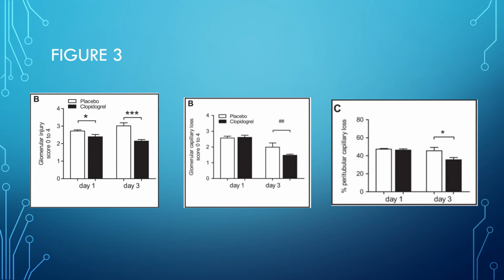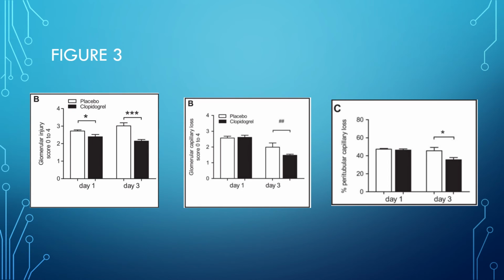Now that they knew that the antibody dependent inhibitors of platelets worked in reducing the percentage of peritubular capillary loss, they wanted to look at whether clopidogrel, which was the receptor blocker for platelets, had the same effect, and if it even had a greater effect.